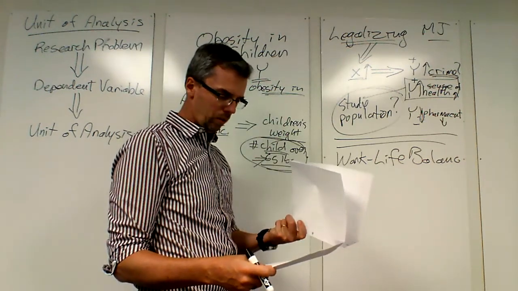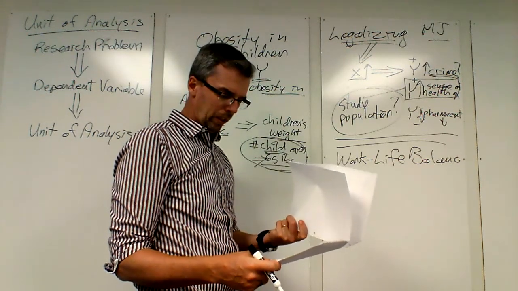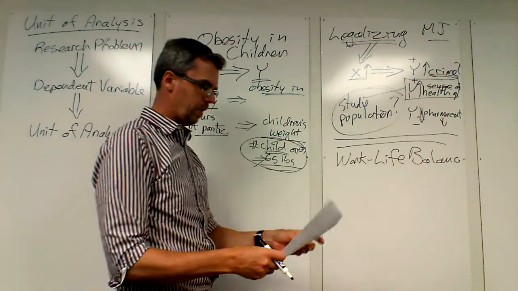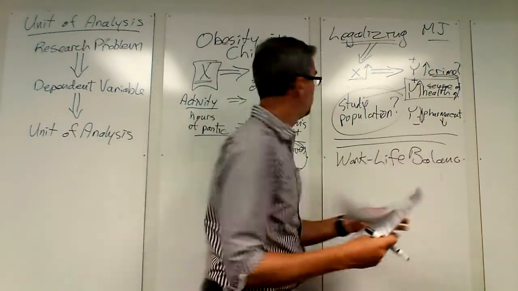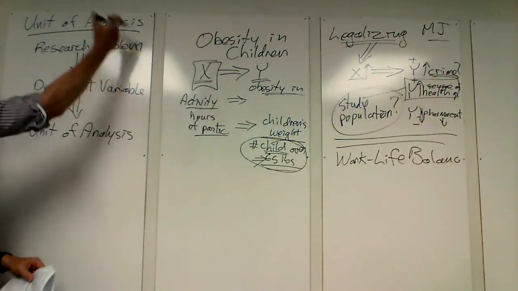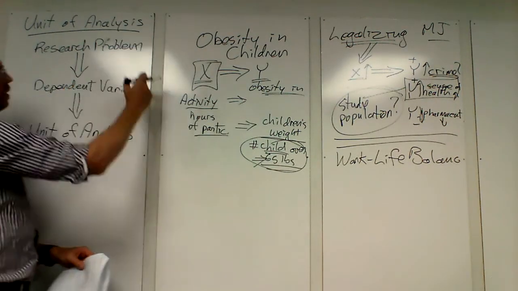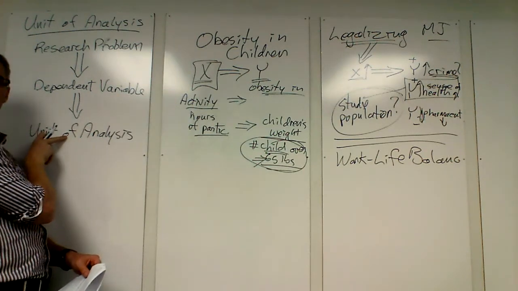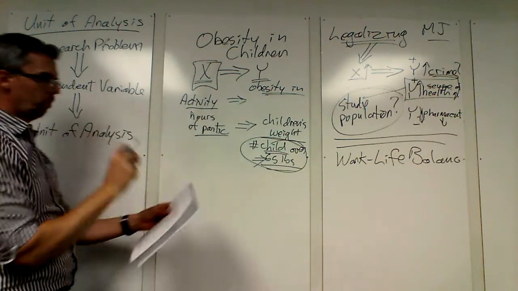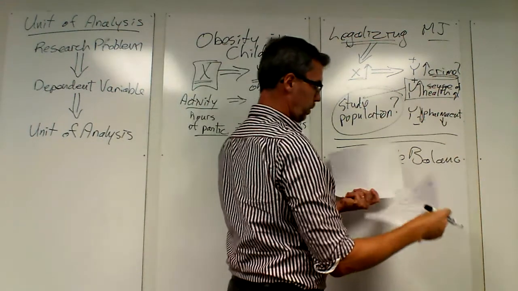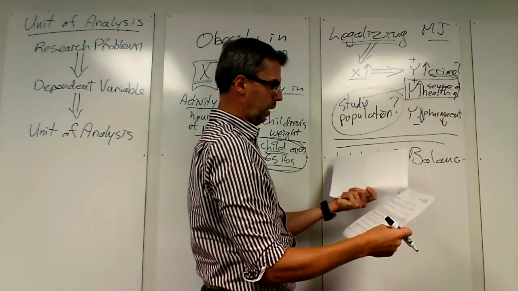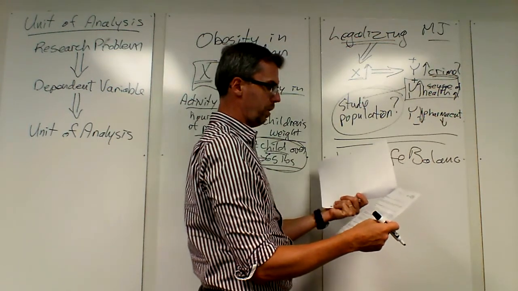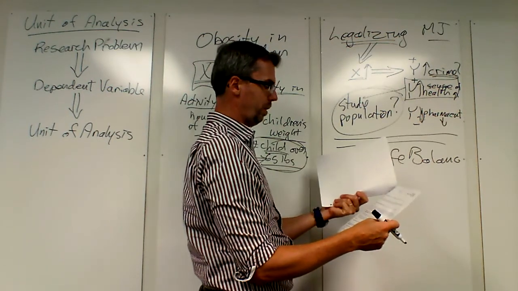The research question, the research problem is going to dictate, remember back here, the research problem dictates what your dependent variable is, which dictates what your unit of analysis is. So in a work-life balance, when you look at your research problem, how do you balance work-life relationships when the amount of time spent at work outweighs the amount of time you spend at home?